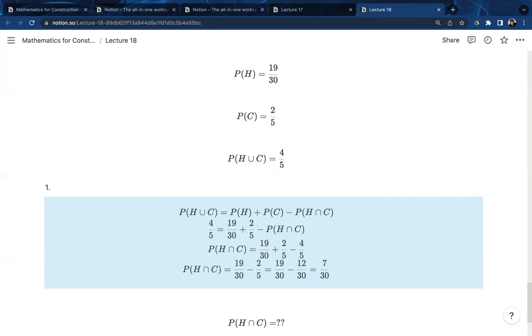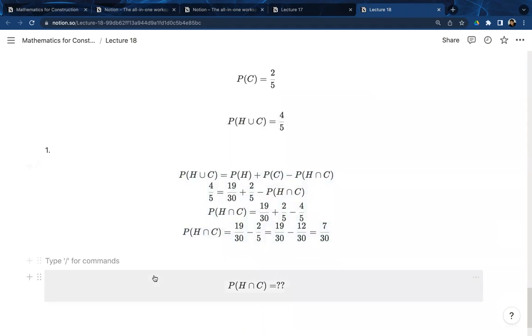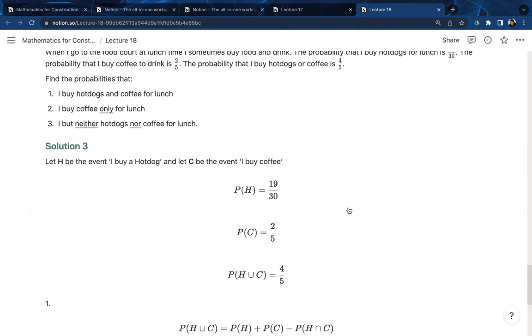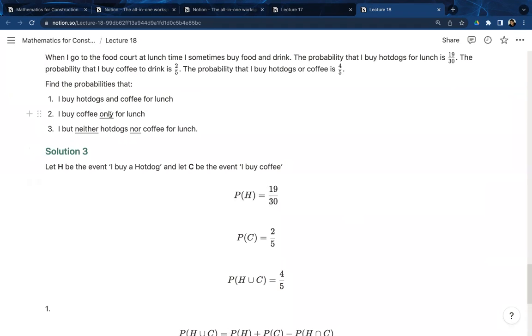You basically use an event diagram. That's what these formulas are. Part 2, they're asking for you buy coffee only.